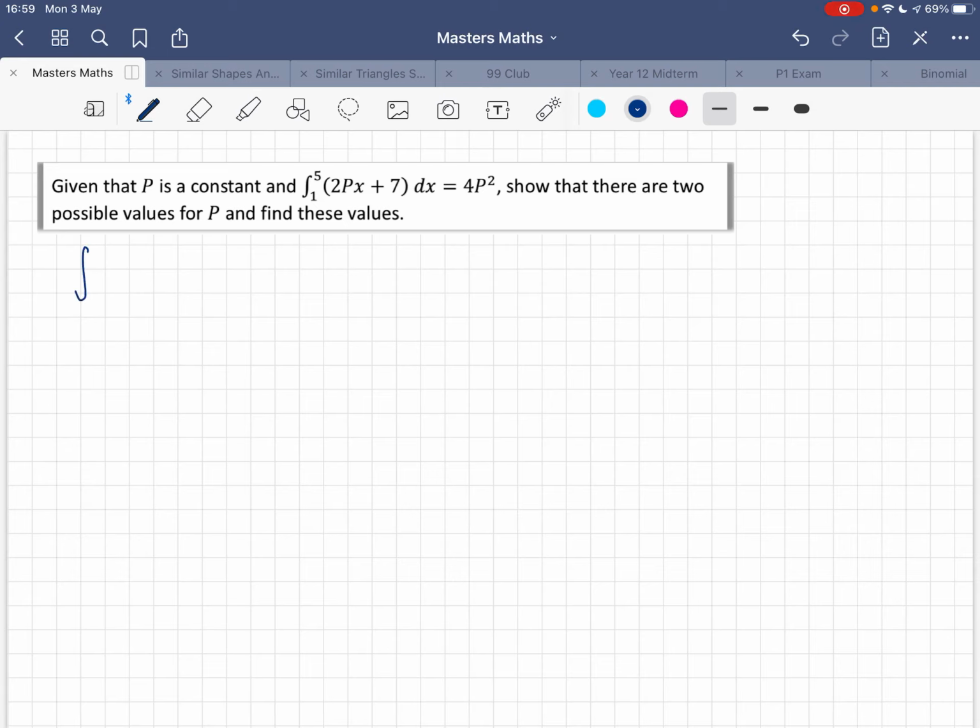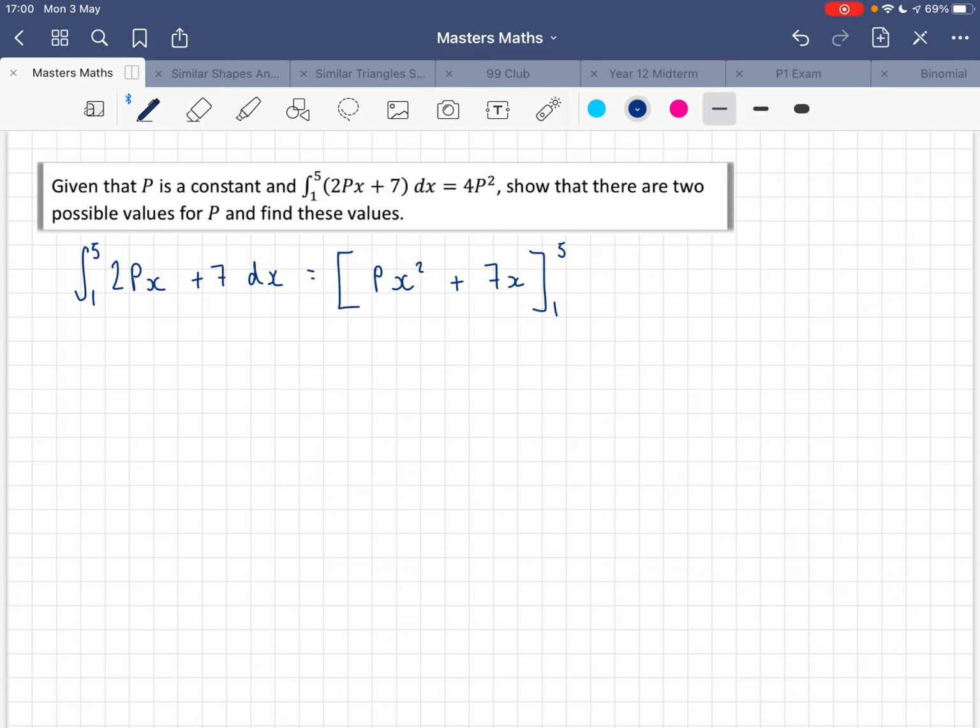So the first thing we're going to do is integrate 2px plus 7, which would give me x squared divided by 2, leaving us with just the p, plus 7x.